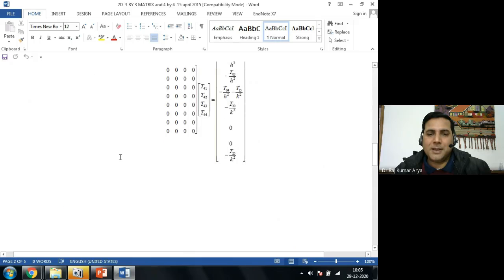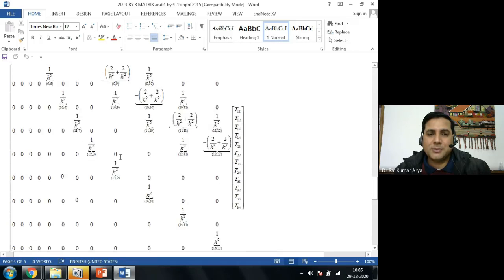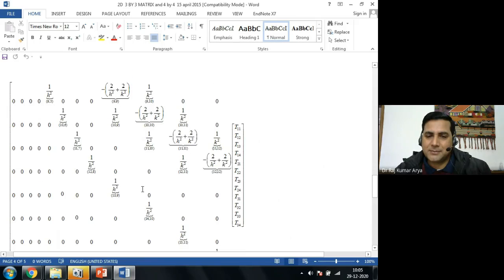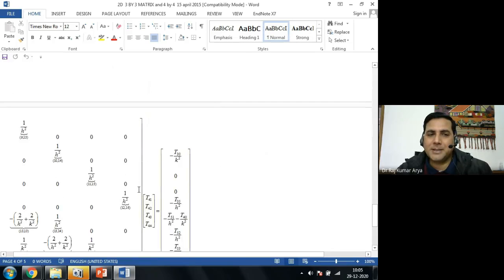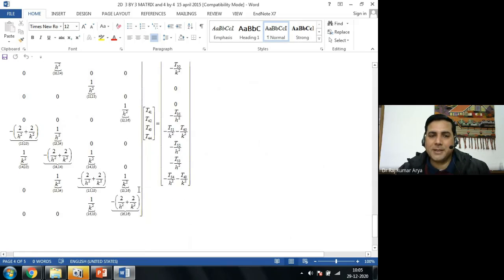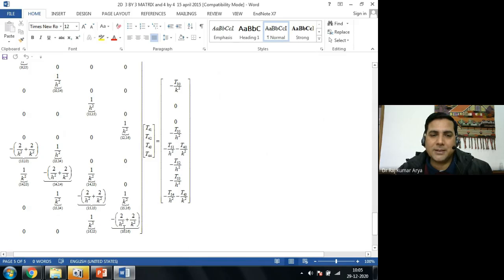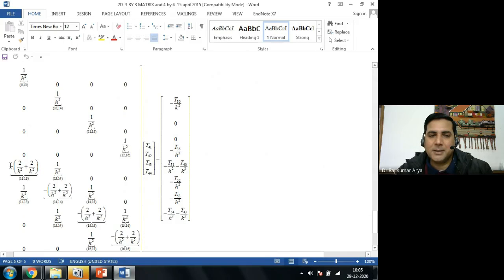Now the ninth row is the same again. So from here I can say that my trend is not changing, and my matrix is finally 16 by 16, and for me the elements are these. So from 3 by 3 to 4 by 4 mesh size, my elements and matrix are not changing.